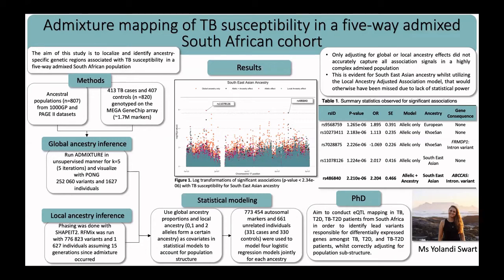For her PhD, she's taking it a step further, and she's going to perform eQTL mapping to look at differentially expressed genes amongst the TB case cohort, a type 2 diabetes cohort, and a type 2 diabetes and TB co-infected cohort, to look at how type 2 diabetes may be related to TB.